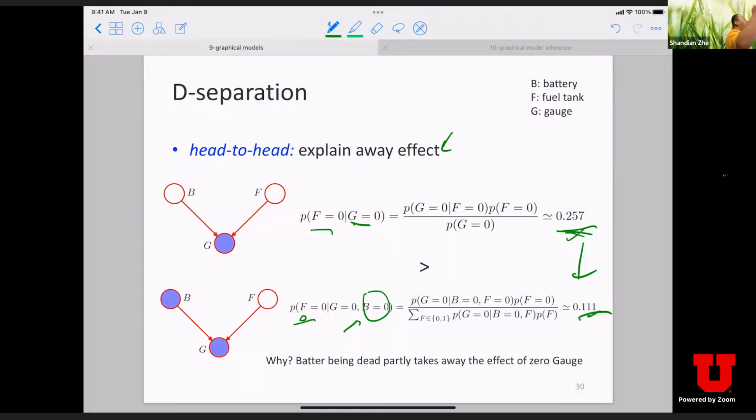So I take away some of the effect, and then my computation of that probability can be reduced. This is the so-called explaining away effect, and it's an interesting observation in the Bayesian network model. Any question?